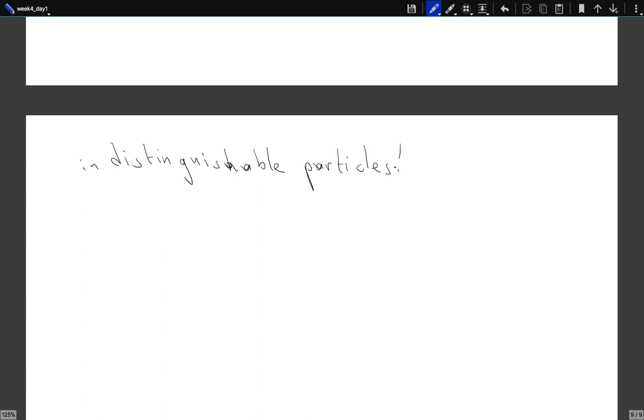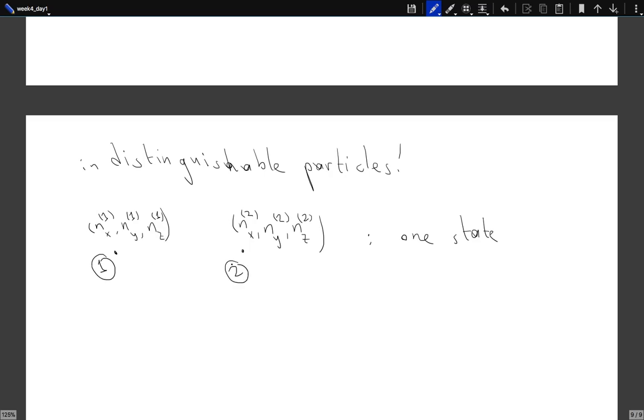You see, what we have done in the calculation is, let's say I have one particle over here, another particle over here, and I said that if this has the quantum numbers nx1, ny1, and nz1, the other one has quantum numbers nx2, ny2, and nz2. And this was one state, one microstate. So this is particle 1, this is particle 2.